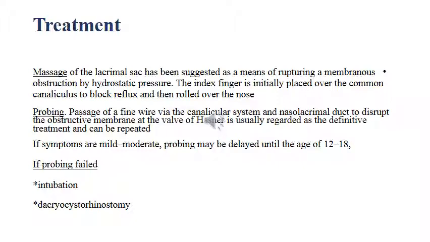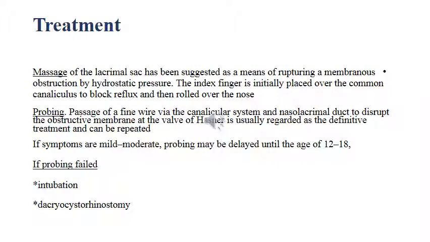Probing is a passage of fine wire via the canalicular system and nasolacrimal duct to disrupt the obstructive membrane at the valve of Hasner. This is the definitive therapy, but we can do it only after the child is 12 months old. So, while awaiting surgery, the child should be given a lacrimal sac massage.